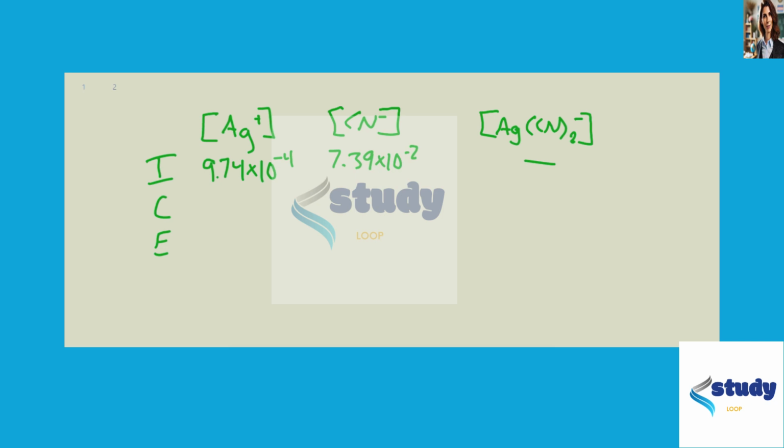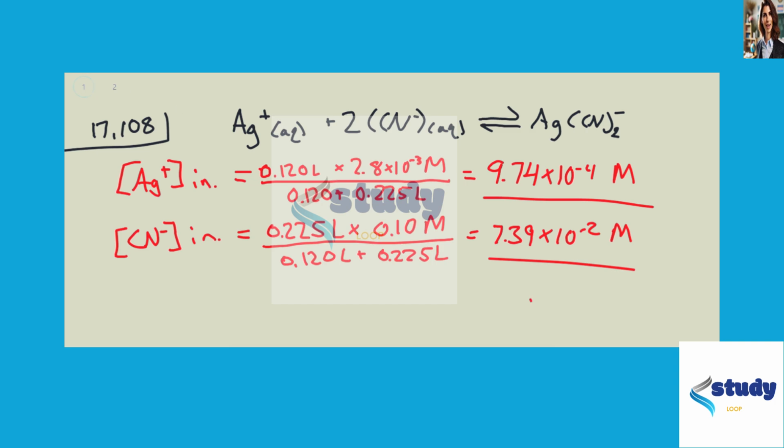A parameter which I failed to mention on this page is Kf, which is the formation constant for this. And this is equal to 1 times 10 to the 21. So this is a very large value, which means that this formation is very favorable.